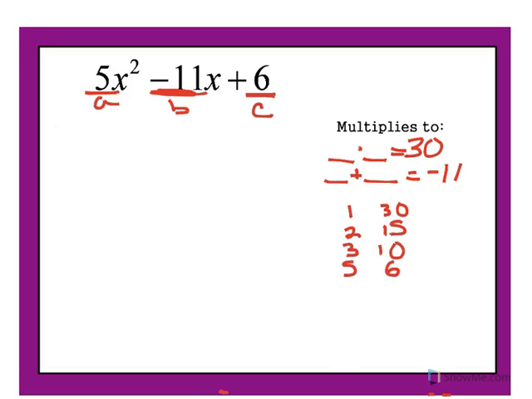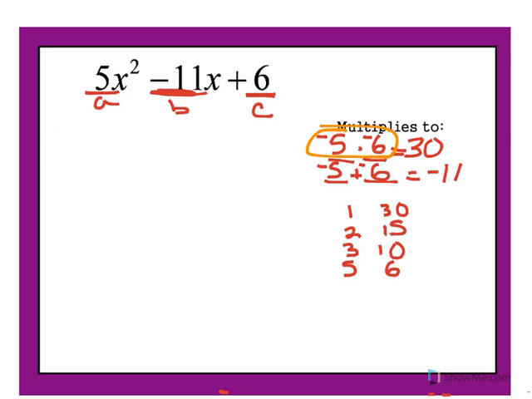One last pair we forgot was 5 times 6 is 30. 5 and 6 are the two numbers that we need. But in order to add to a negative 11, both of them need to be negative. Negative 5 times negative 6 does equal 30. So these two numbers that we just found, negative 5 and negative 6, are very, very important.